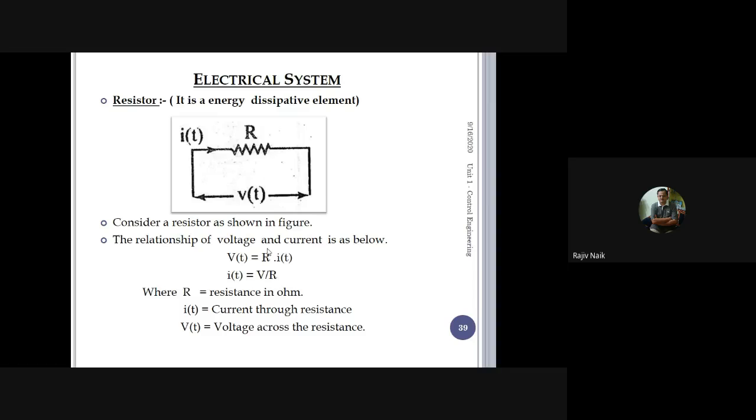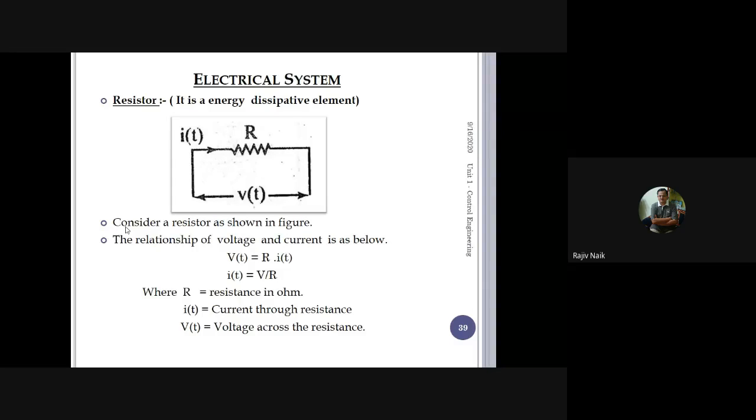Now coming back to the electrical system. In the very first class I already explained that in a mathematical model you basically have only three components: an inertia component, a friction component, and a stiffness or storage component. So in an electrical system also you have three components: an inductor, a resistor, and a capacitor.